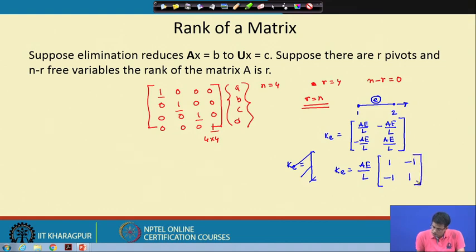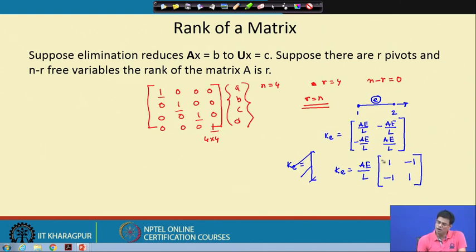Now, whether this matrix is full rank or not: if it is full rank, its determinant will be non-zero, and if it is rank deficient, its determinant will be 0 and the matrix will not be invertible.